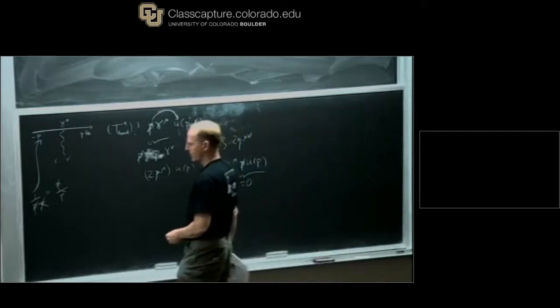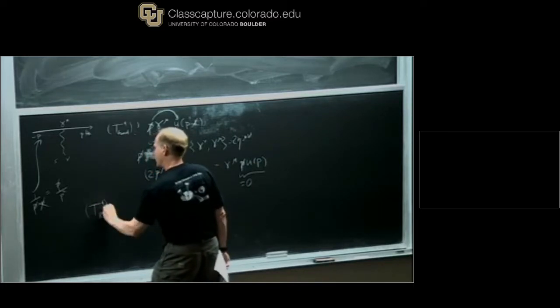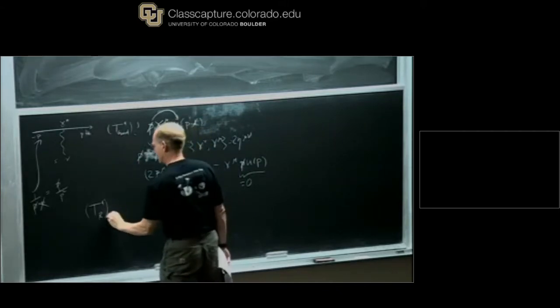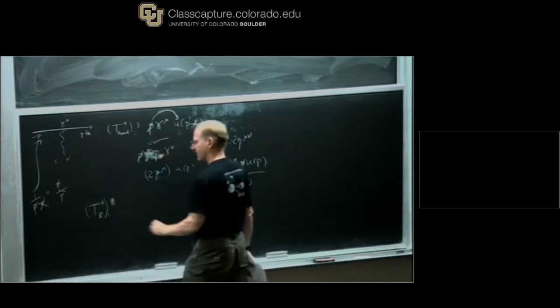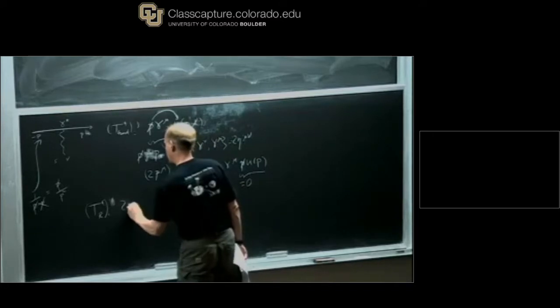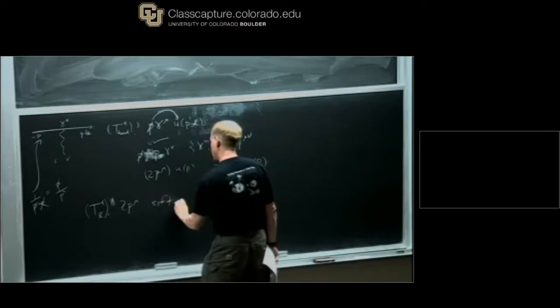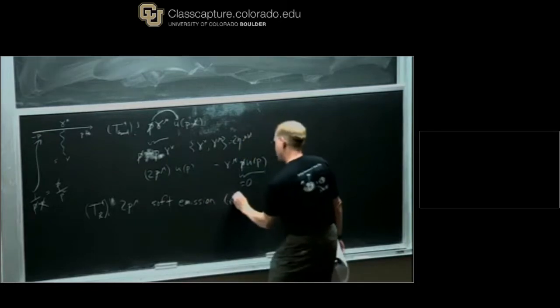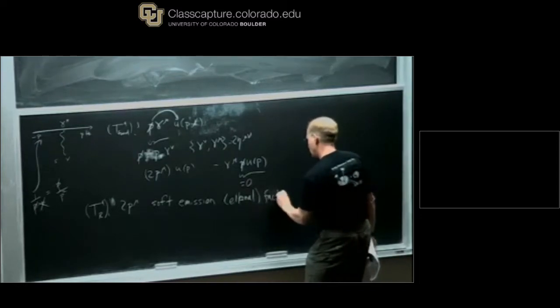So in both cases, I get a factor which is the generator of the Lie algebra in the appropriate representation for the particle, which in the adjoint representation is equivalent to the structure constants, times something proportional to p mu. So this is called the soft emission, or eikonal factor.